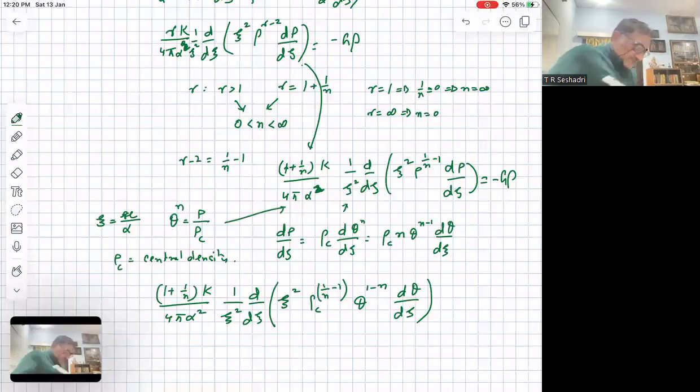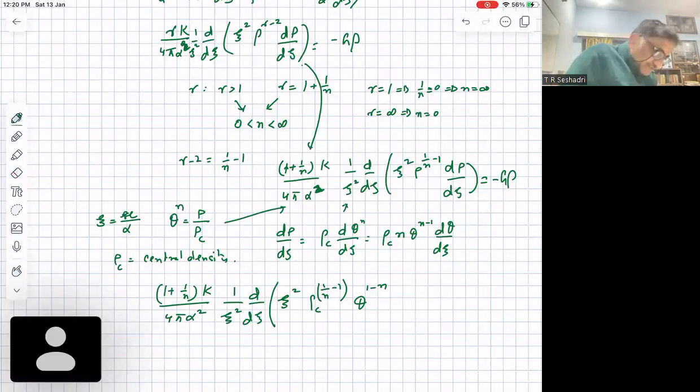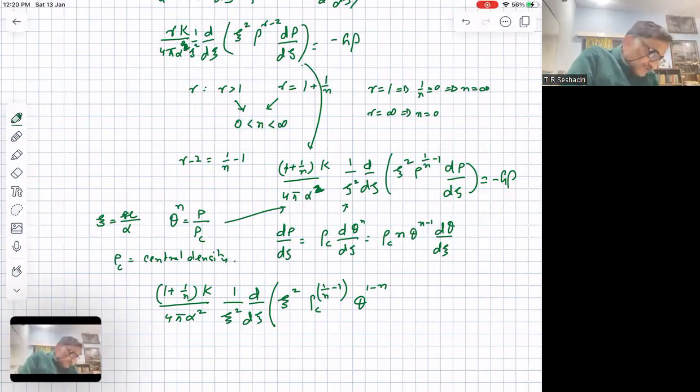Just a minute. This is a mistake. I have to have this one also, I have to have it for d rho also. And then I have to substitute from here. So I will have a rho c n theta to the power n minus 1 d theta by d xi.